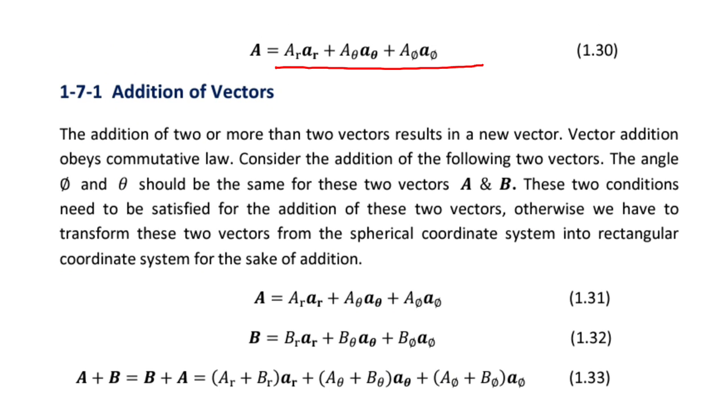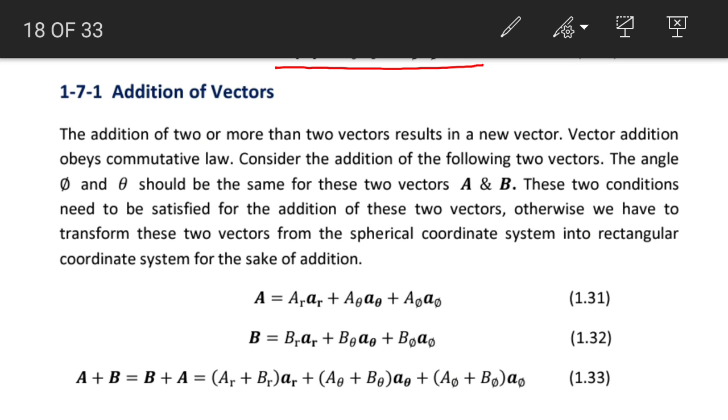If we add all these three components in accordance with the head to tail rule, the addition results in this three-dimensional vector, which is represented by A.